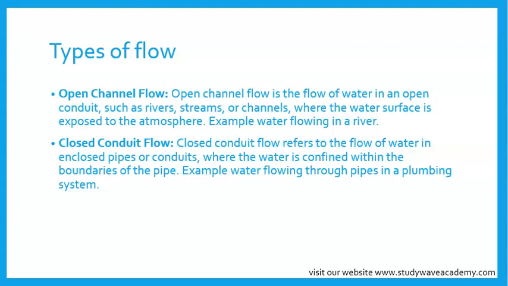So these are the types of flow we have, okay? Do we understand? We mentioned steady flow, unsteady flow, laminar flow, turbulent flow, compressible flow, incompressible flow, open channel flow, closed conduit flow. So we understood all the types of flow we mentioned, right?